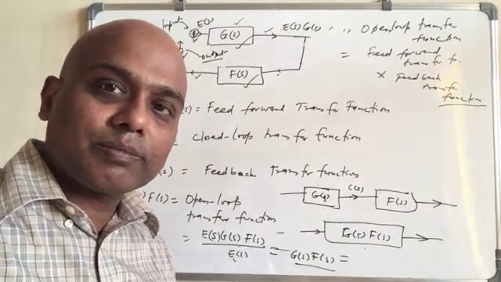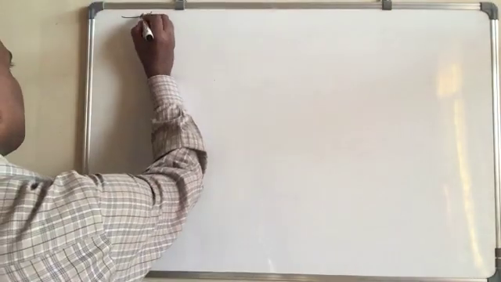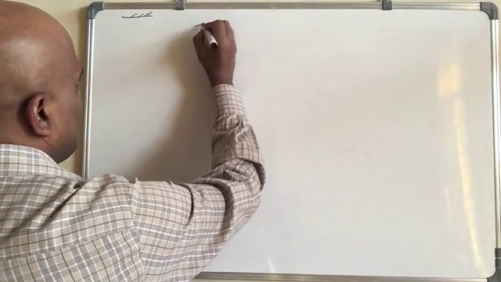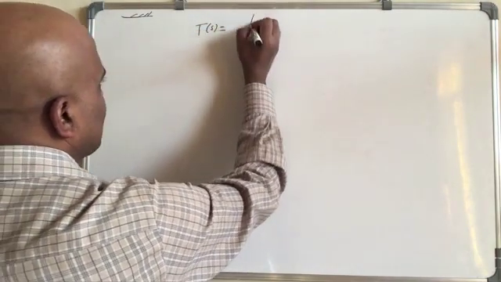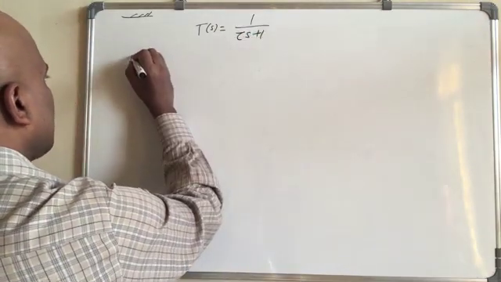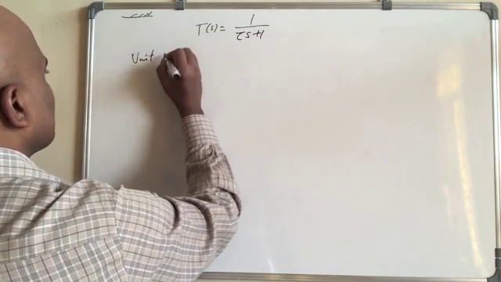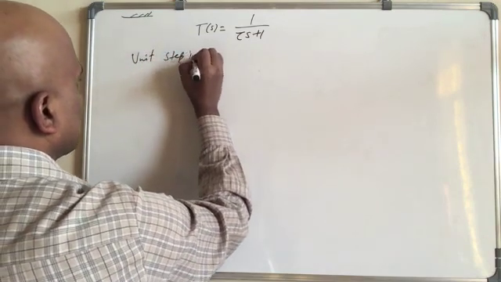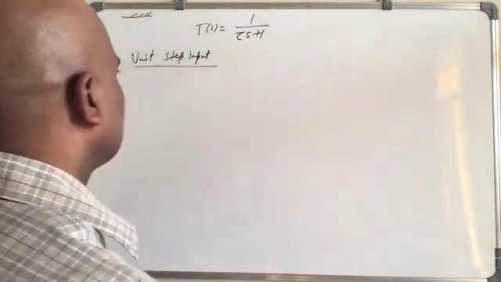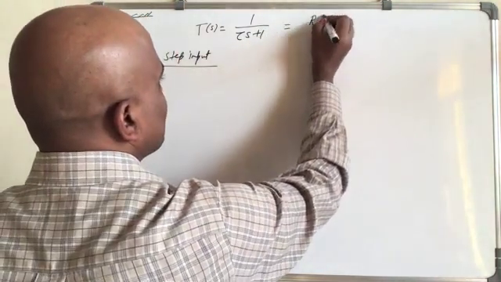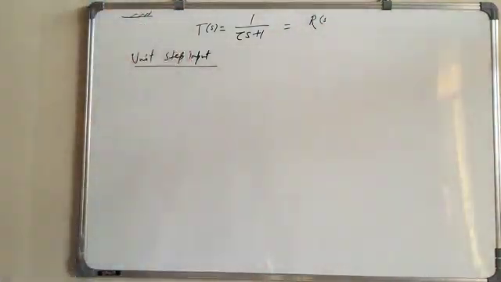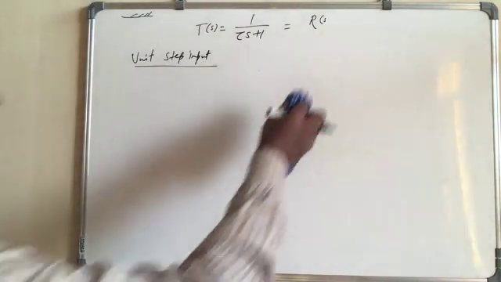Now if I tell you that a first order system, whose transfer function is 1 over tau s plus 1, is given a unit step input, then what is the output? Again, this is C(s) over R(s), the way we have been writing.